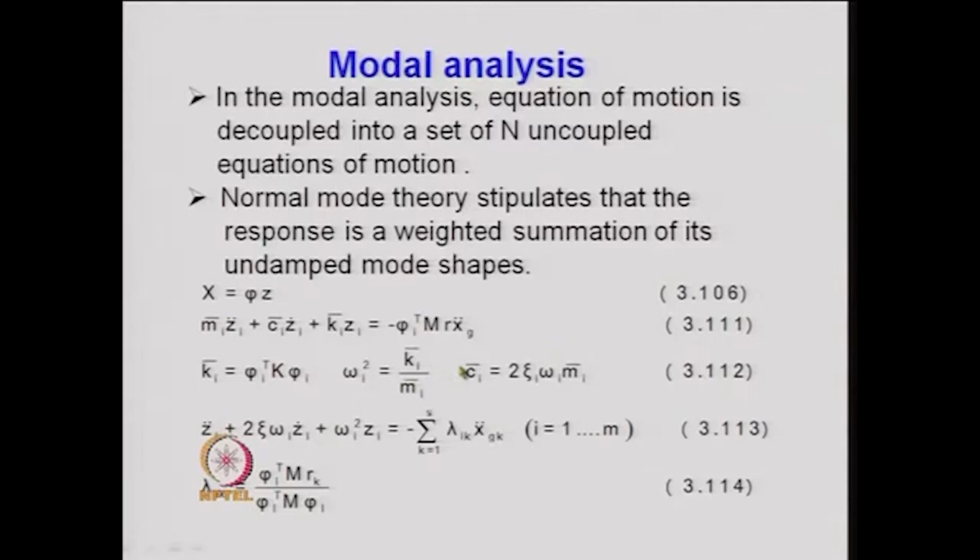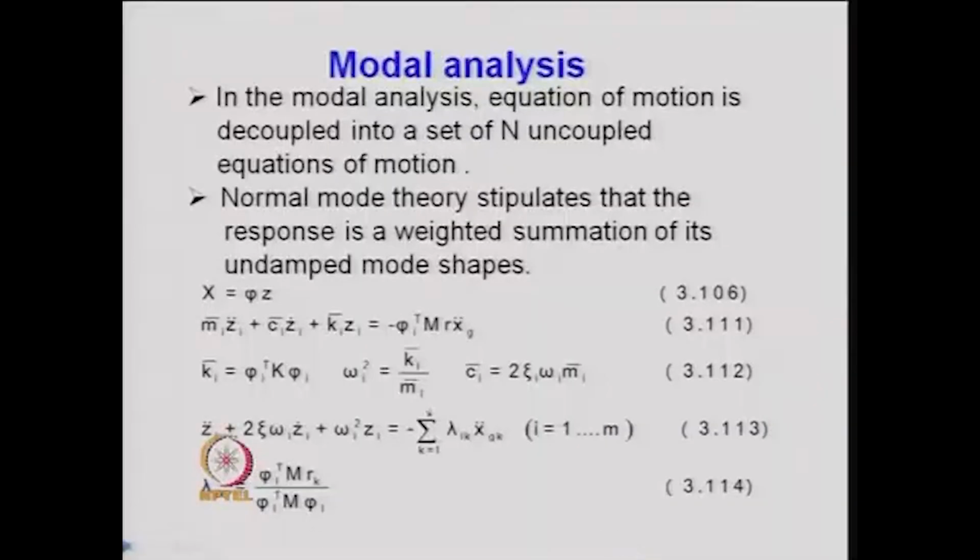And one can write c bar I equal to twice xi I omega I into m bar I. If we divide all through by m bar I, then we land up with a single degree of freedom equation, defined with respect to the frequency of the ith mode and the damping of the ith mode.